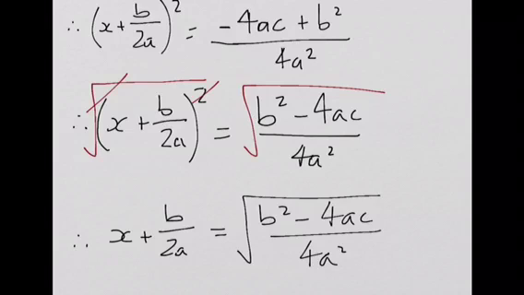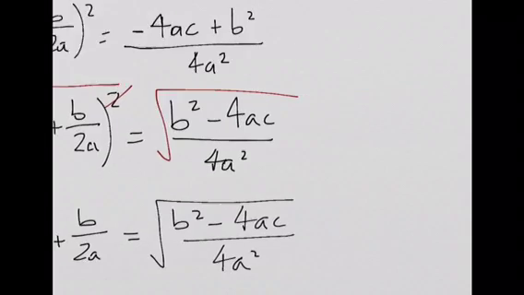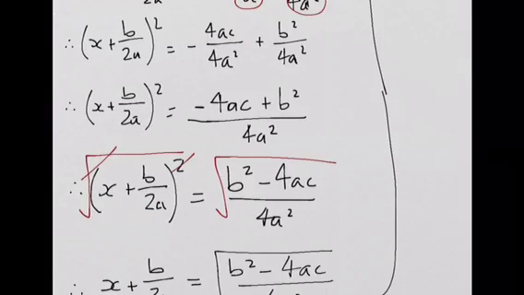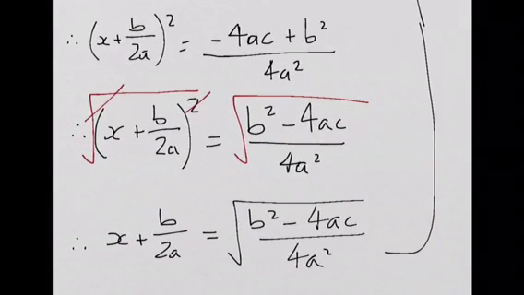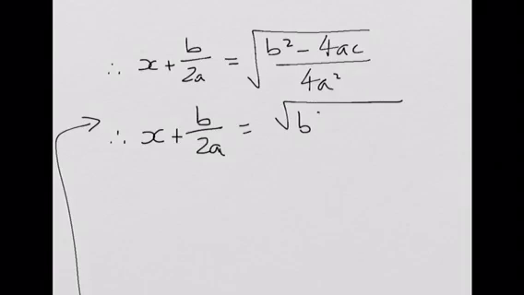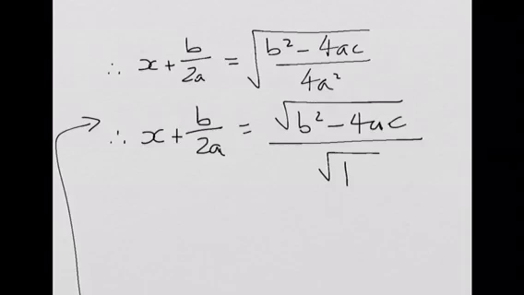Now remember that when you have a square root of a fraction, you can turn it into a square root of the numerator and a square root of the denominator. So on the left we're going to have x plus b on 2a equals the square root of b squared minus 4ac, all over the square root of 4a squared.